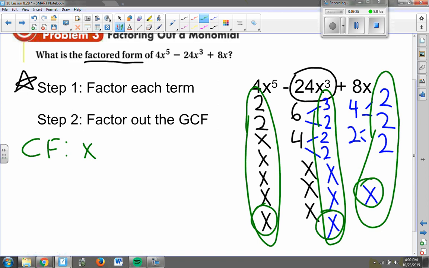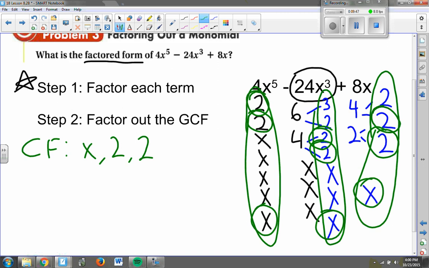I see some 2's that are common here, here, and here. So I know I have a 2. And I think I see another 2 that's common. I can take a second one from there, a second one from there, and a second one from there. So I have another 2. But that's it. That's all I have that is common in all 3 of those terms.